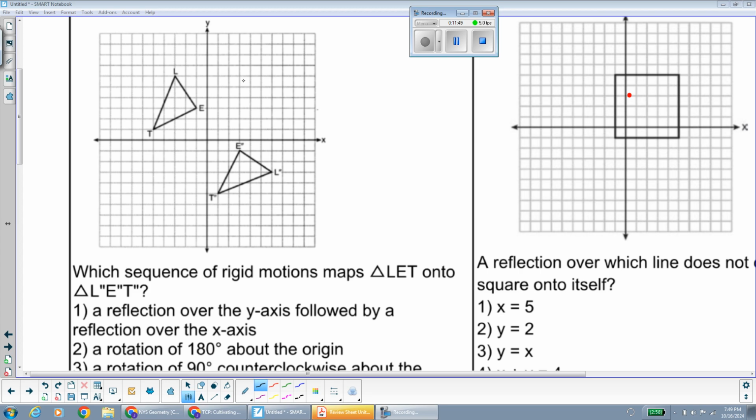So if I flip this original triangle over the y-axis, and I'm a terrible artist. Once again, this is not exact, I didn't count. I just want to see the orientation. So when it flips over, that would be E prime, L prime, and T prime.